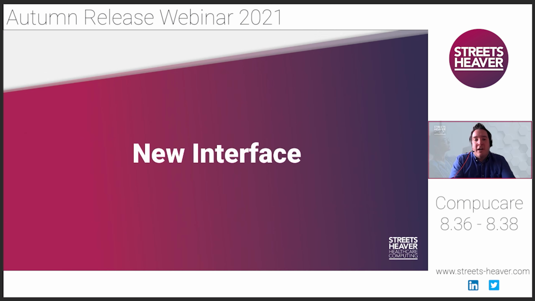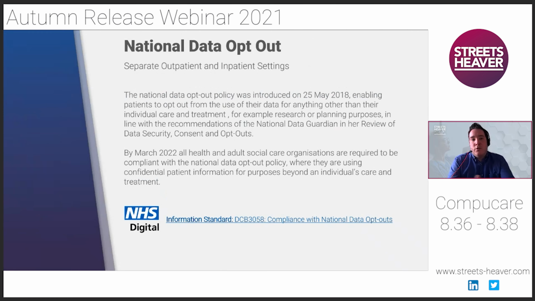Okay, so those were the general changes that we've made. There's a new interface that we've built into the system that we're able to configure. It's come in from the NHS. NHS Digital have an information standard about how you need to comply with the National Data Opt-out if you're treating NHS patients.